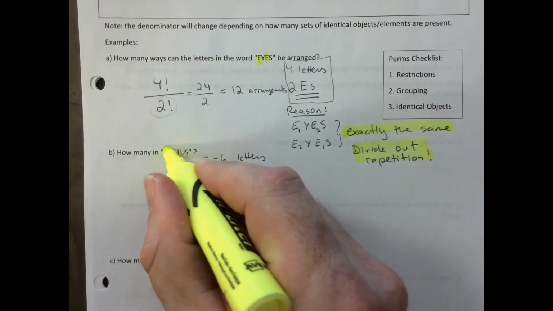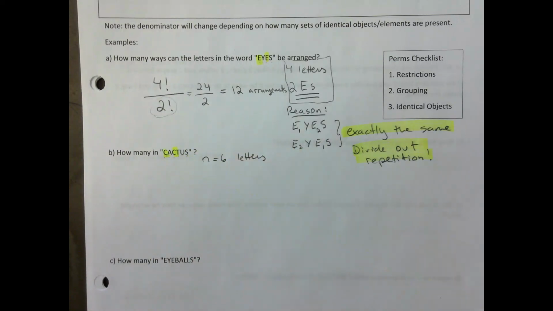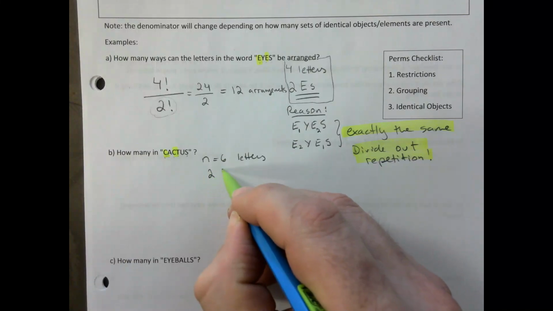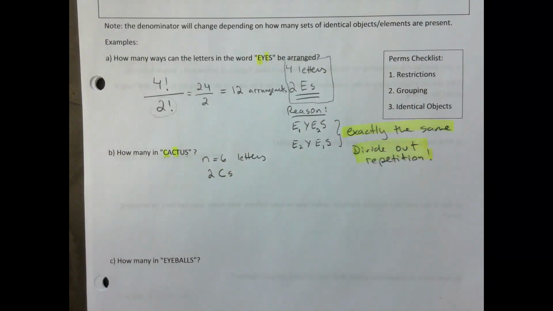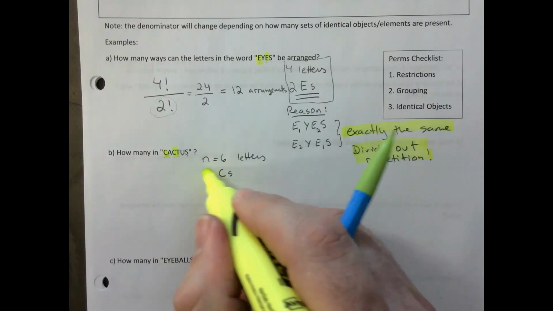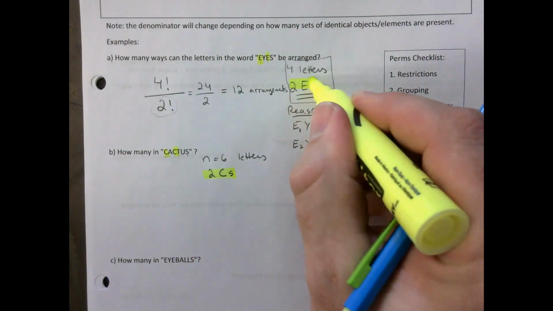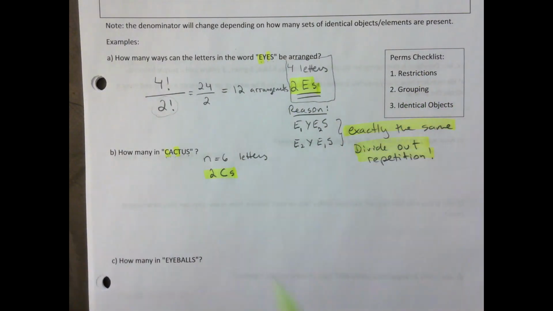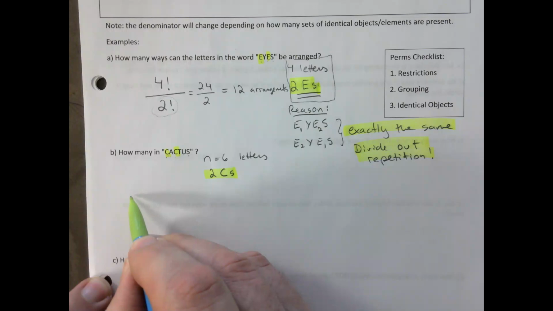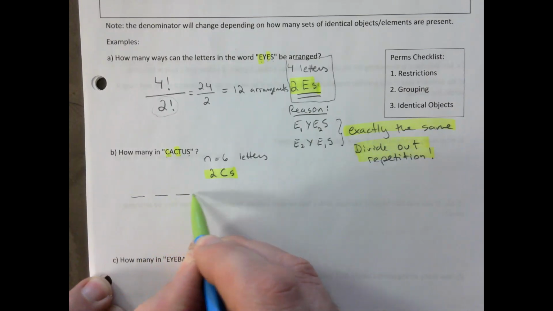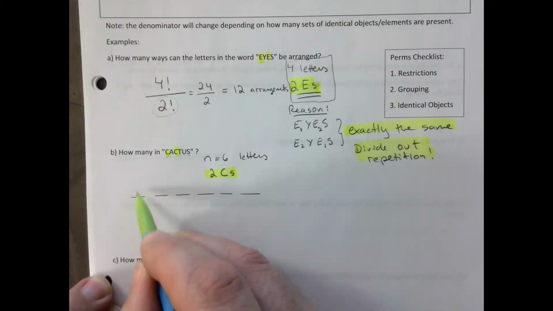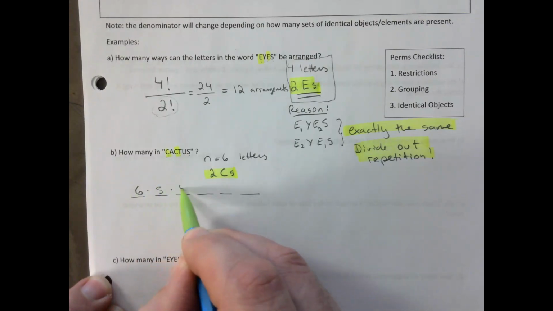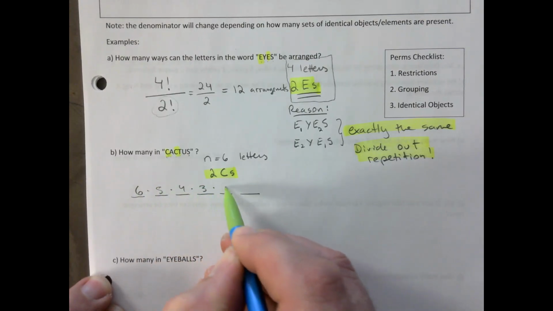There's a C there and a C there. Everything else doesn't show up again. So 2 C's. Normally, we would go 6, 5, 4, 3, 2, 1.